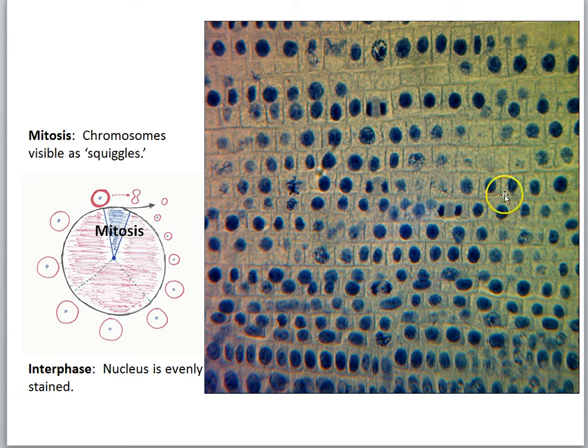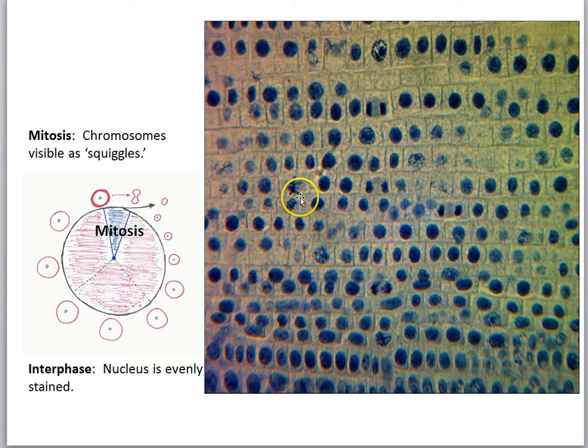And it makes sense that most of the cells are in interphase because, remember, interphase is the longest stage of the cell cycle. So when they prepared this slice, they just caught whatever cell was in whatever stage of the cell cycle. It was stopped at that point, and most cells would have been in some stage of interphase, so we see most cells have even staining on the nucleus.